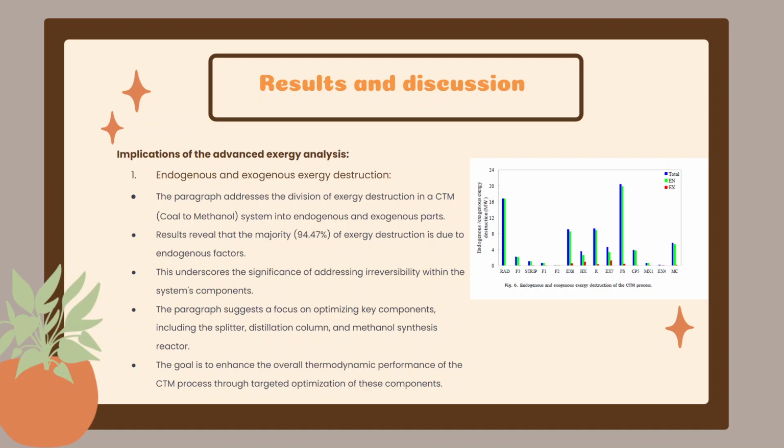The study discusses the division of exergy destruction in a CTM system into endogenous and exogenous parts. The results indicate that the majority of exergy destruction, which is 94.47%, is attributed to endogenous factors, highlighting the importance of addressing irreversibility within the system's components.